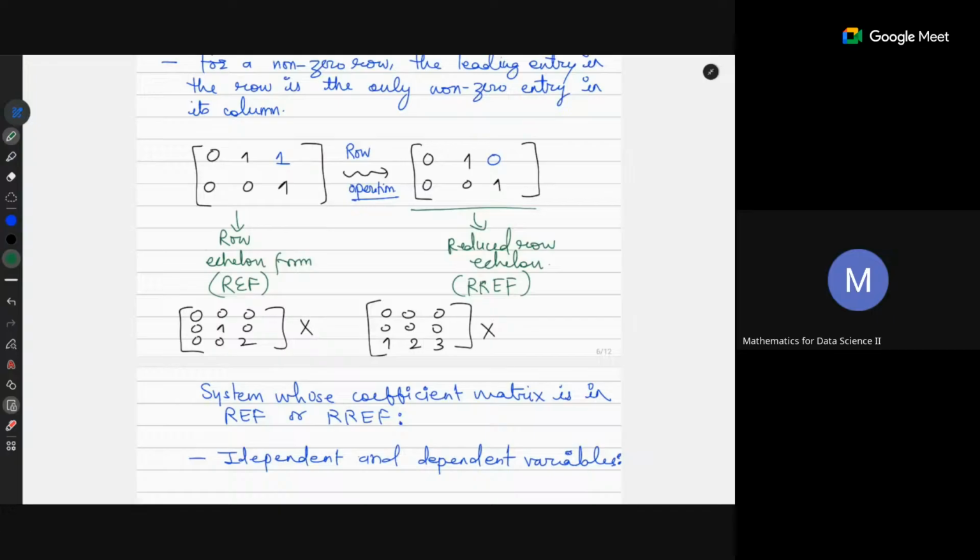So let's stick to row operations only. Is there any constraint that to convert a matrix into RREF form, we cannot use row elementary operations and column elementary operations both together? No, we cannot do that. Only row operations we will perform.